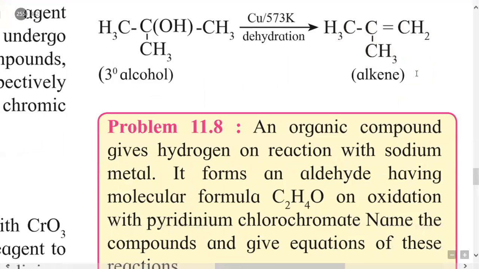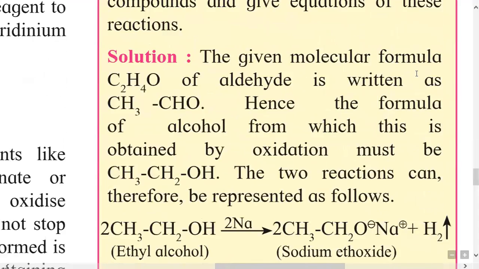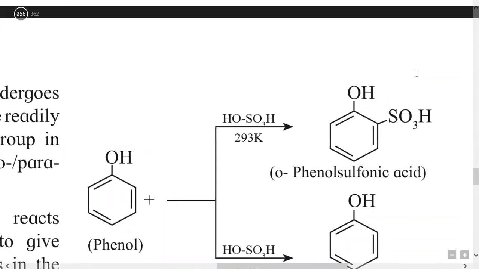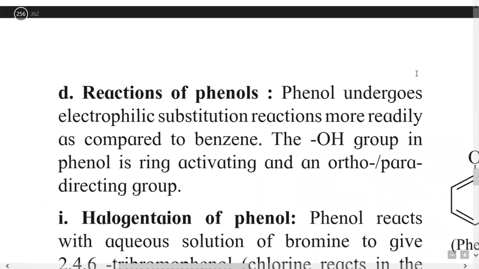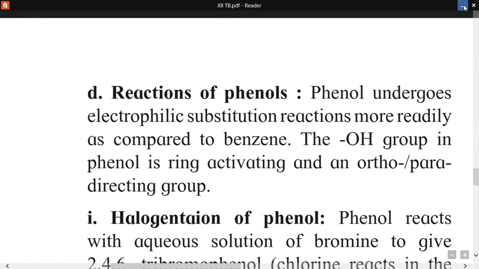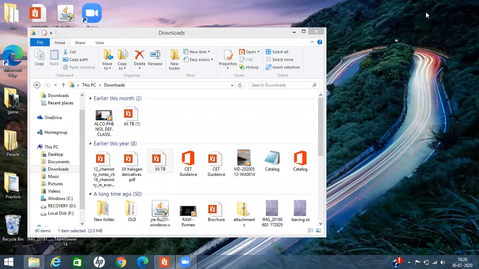So that is the difference in the oxidation of primary, secondary and tertiary alcohols with copper metal at 573 Kelvin temperature. And that is about the reactions of alcohol and phenol.